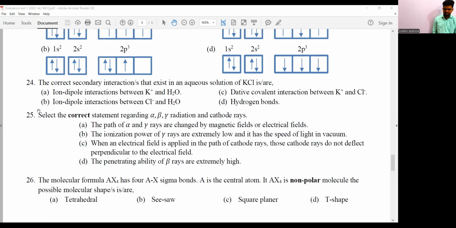Gamma rays have no charge. So if they have no charge, they are not going to be deflected in an electrical or magnetic field.